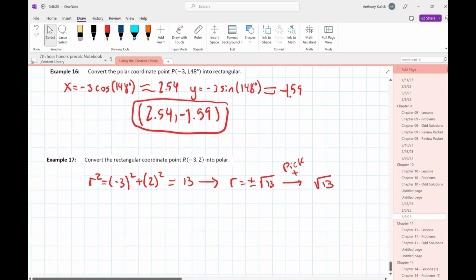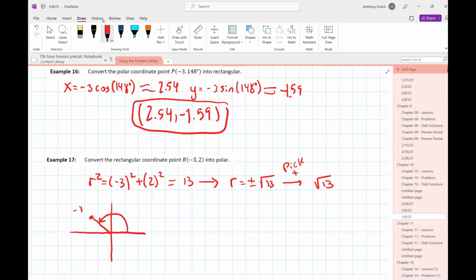Okay? And now, if I think about it, what am I looking for after this? If I have that point, negative 3, 2, I'm looking for this angle. Boy, this looks a lot like a first semester problem, doesn't it? So I know that that angle is going to be 180 minus phi, where this is my phi.